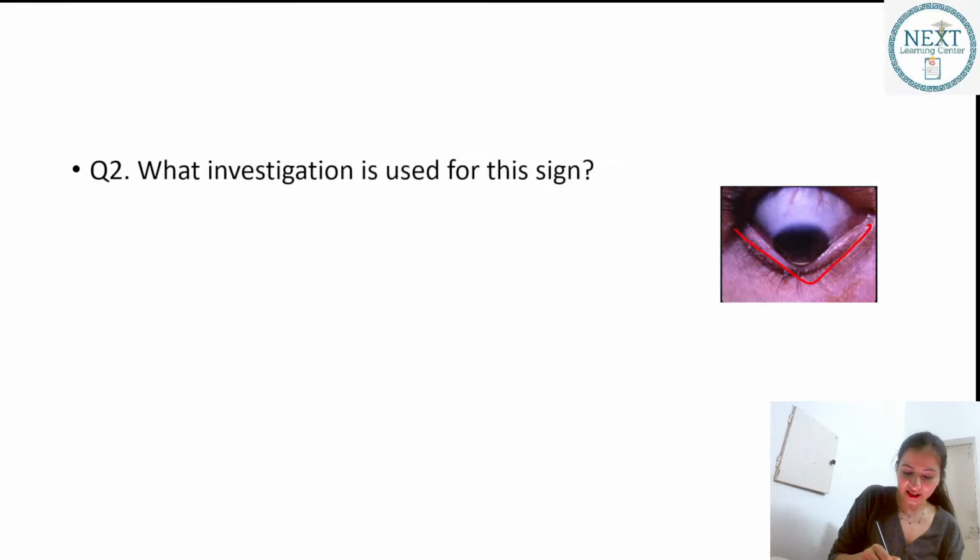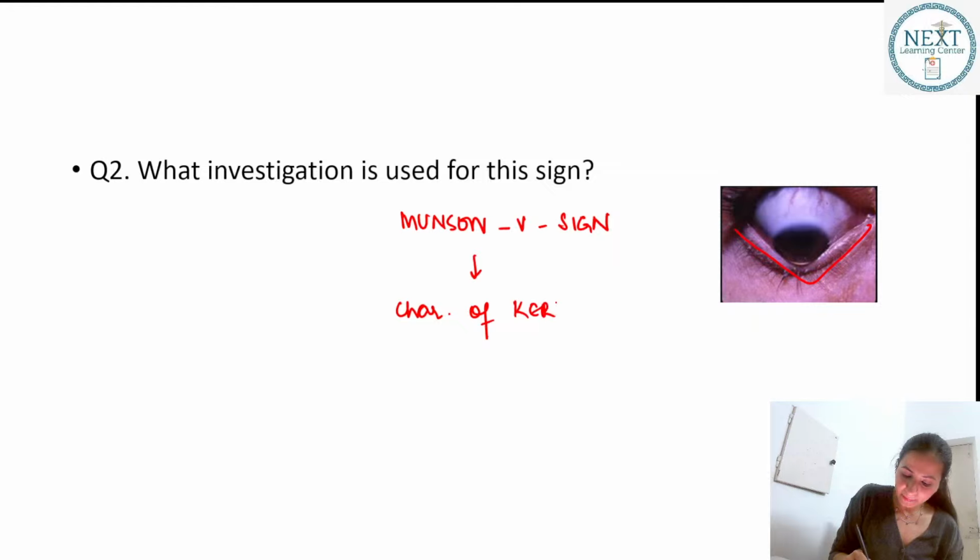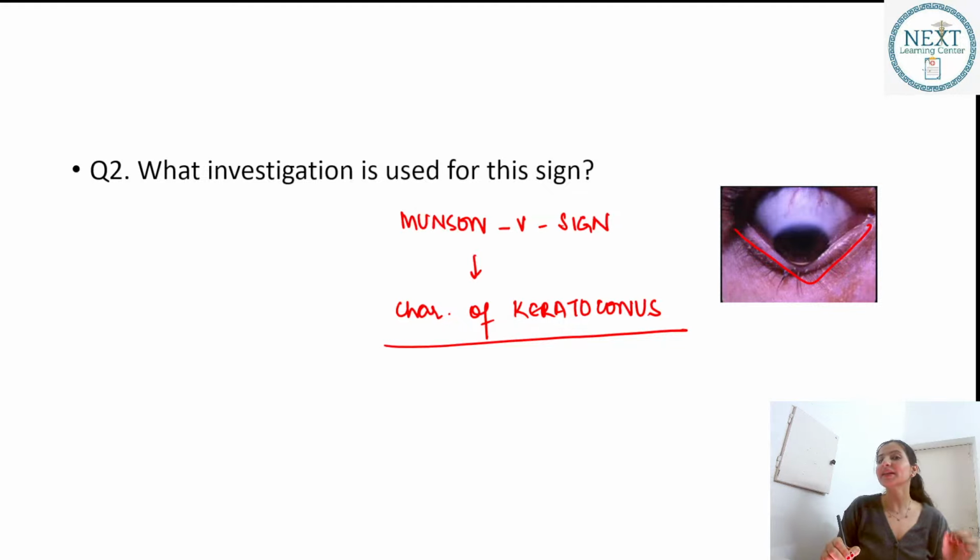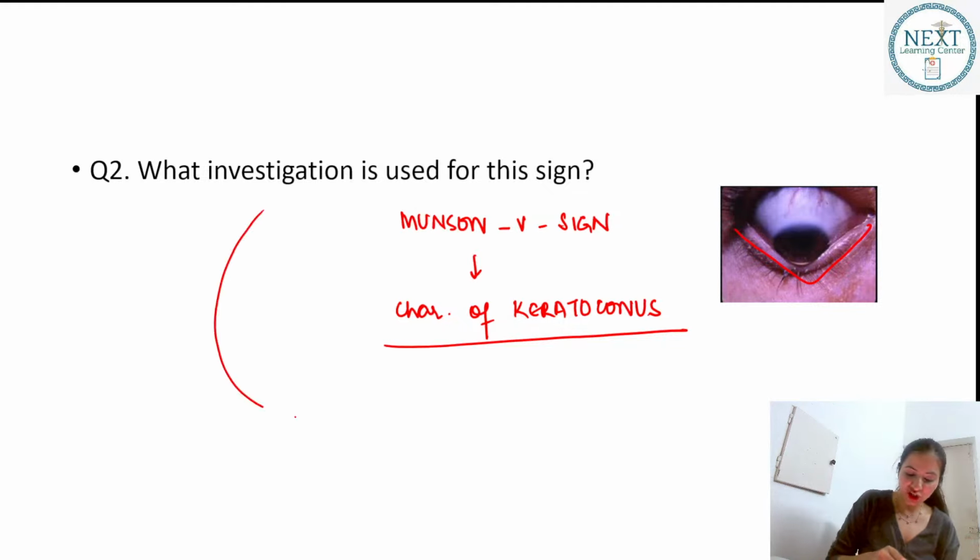Then next question, which investigation is used for this sign? This sign is called the Munson V sign. This sign is a characteristic of patients of keratoconus, and I have told you in keratoconus the investigation that we do is corneal topography.